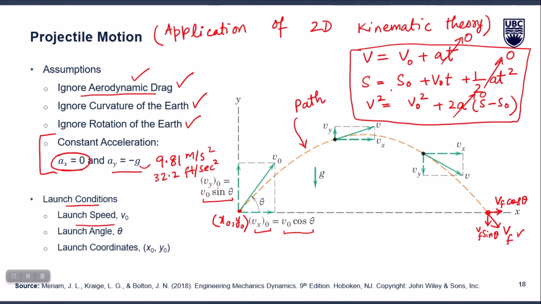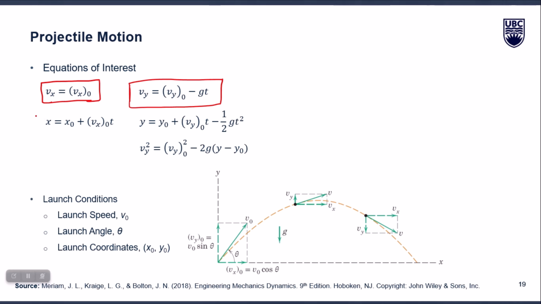Let's apply the second equation now. s is equal to s naught plus v naught t plus 1 over 2 a t square. For the x case, the third term will become 0, and we will simply be getting x is equal to x naught plus vx naught times t, right? Third term will become 0.